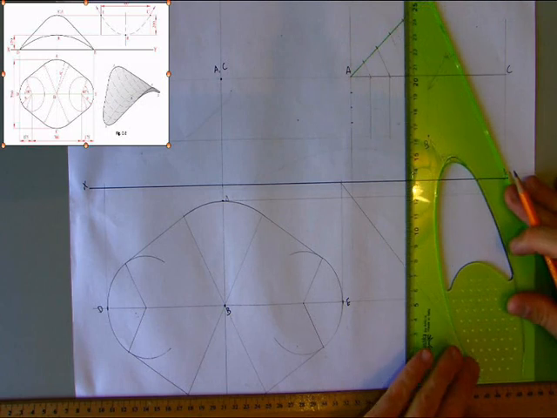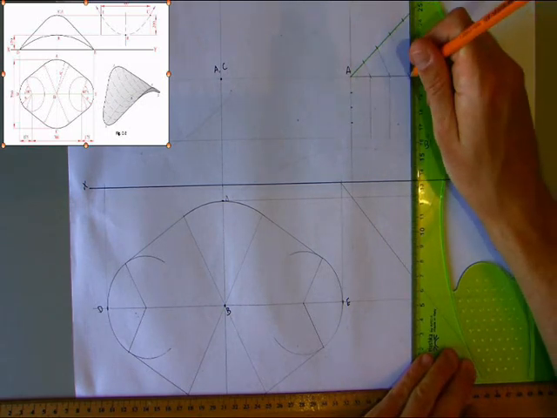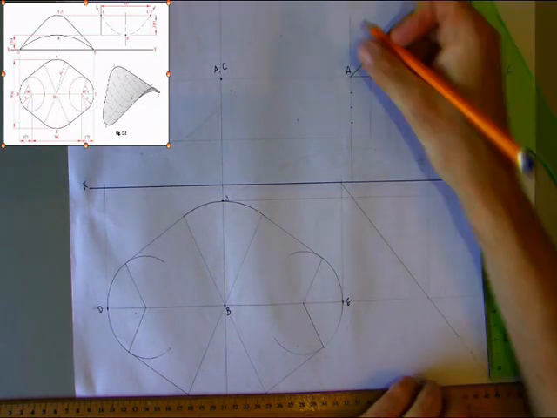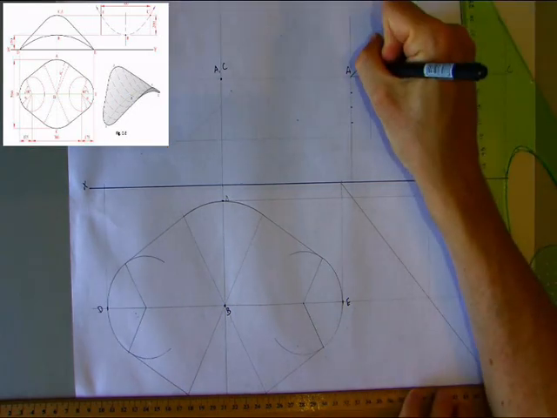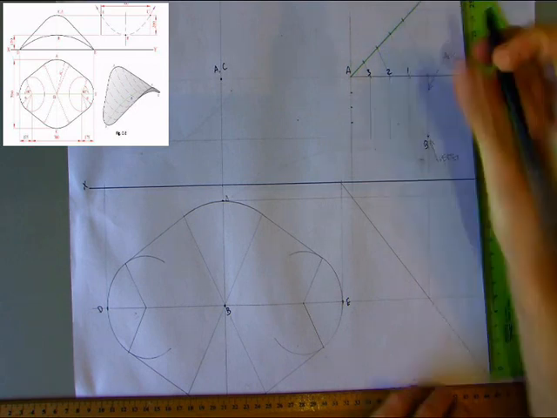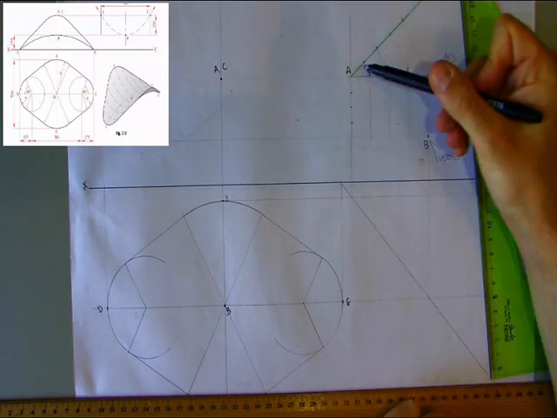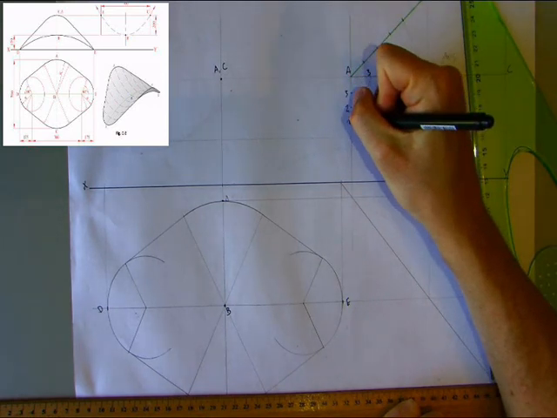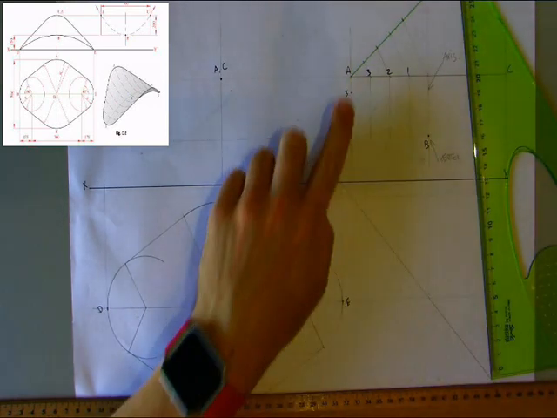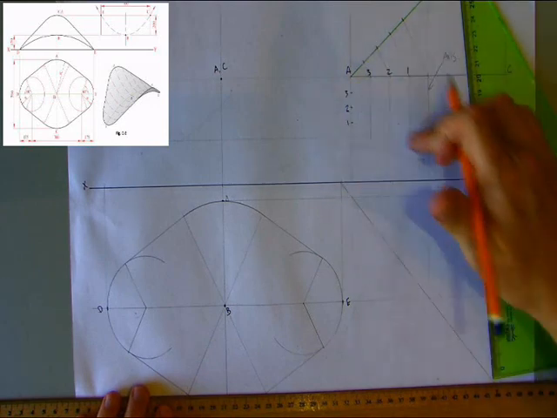3, 2, and 1. Again, we'll number them. 3, 2, and 1. And as we get closer to B, this is going to be 3, 2, and 1. And these divisions on this side will end up going to the vertex.